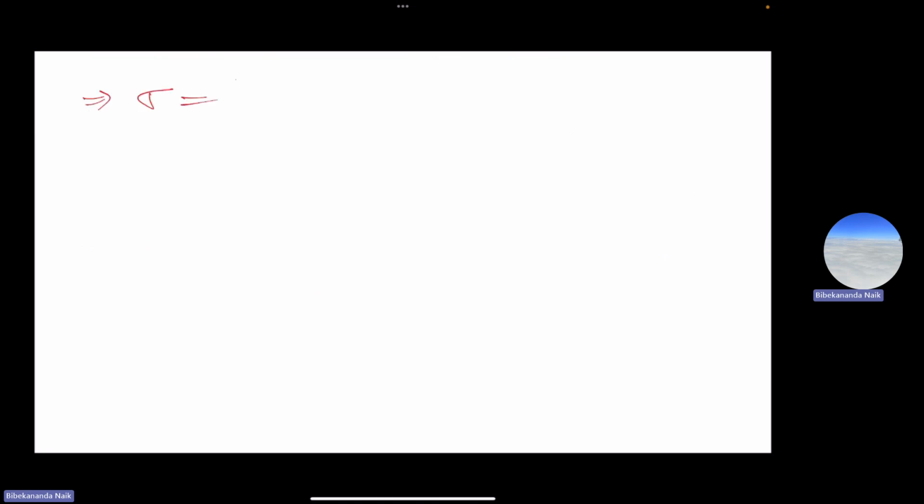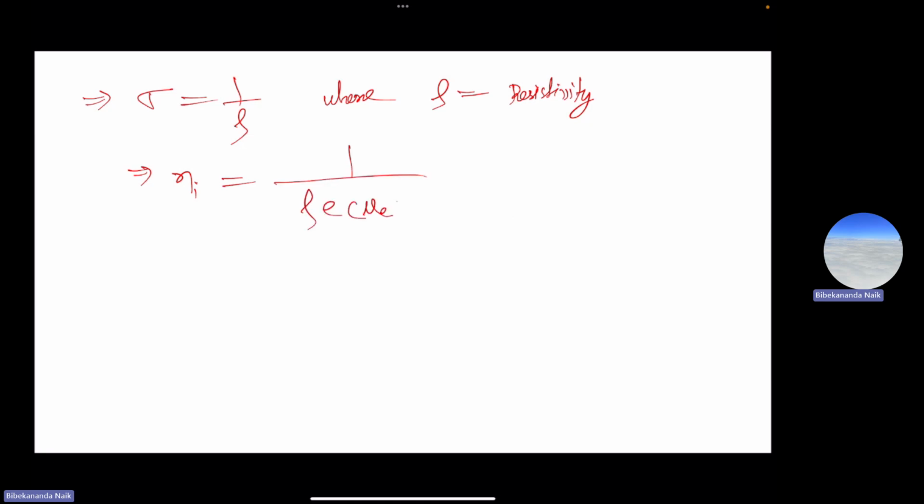And we know sigma is equal to 1 by rho, where rho is resistivity. So Ni equals 1 by rho e (mu E plus mu P), where the charge of electron and hole both are the same.